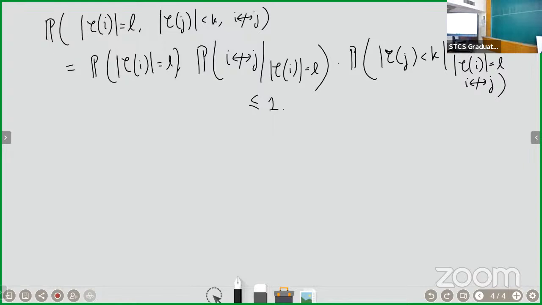This will keep as it is. And the last term is what we are going to work on.